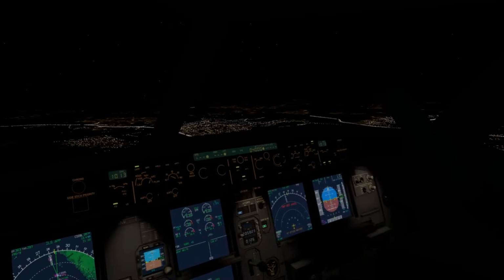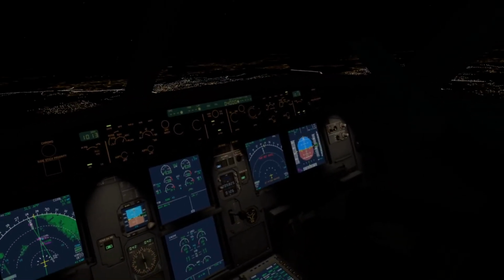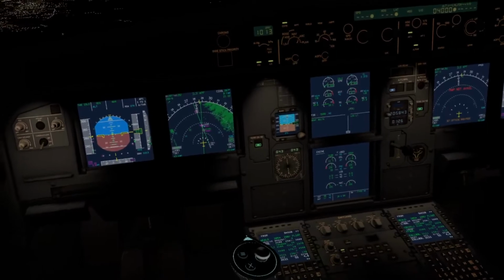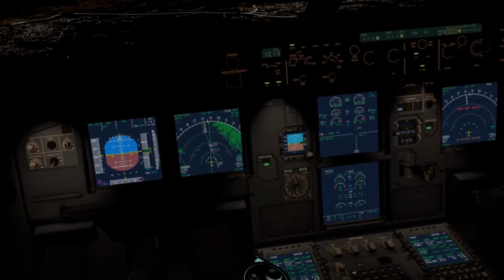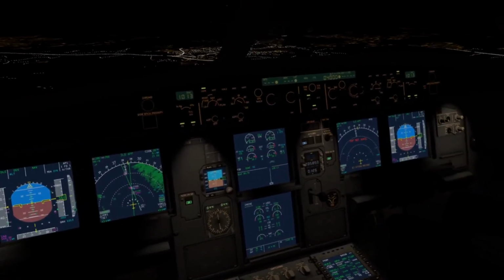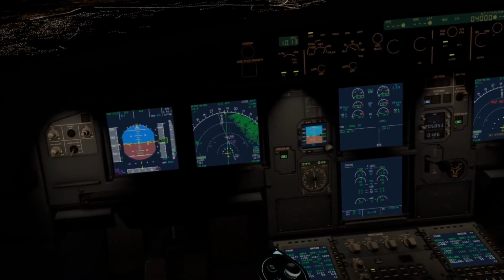Seatbelts, on. Arrow. QNH 1013. QNH 1013 set. Click. Click. Transition level 279 set. Engine mode selector, normal. Set normal. Approach checklist completed.